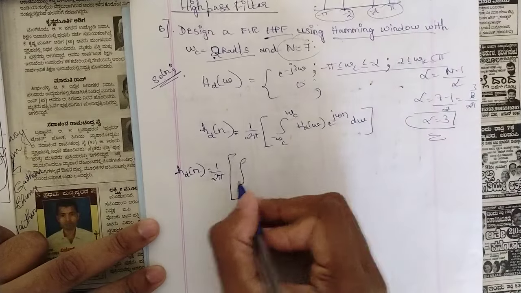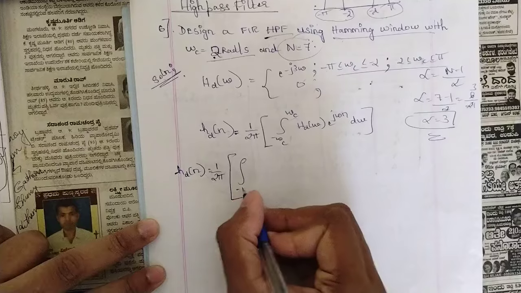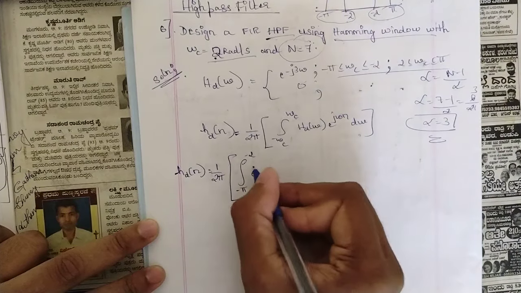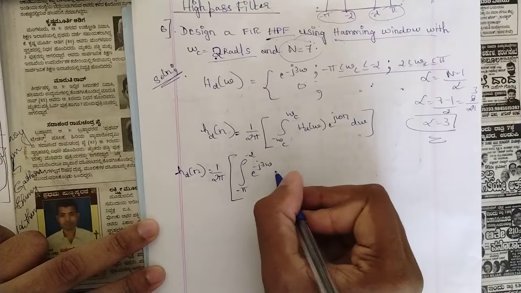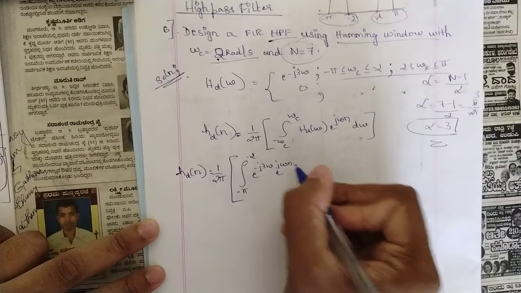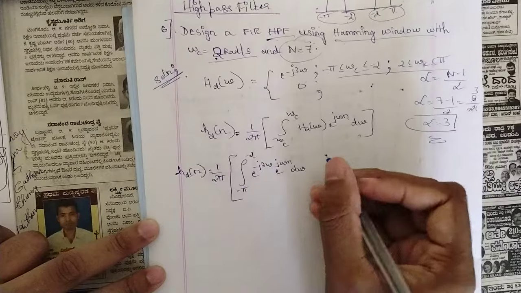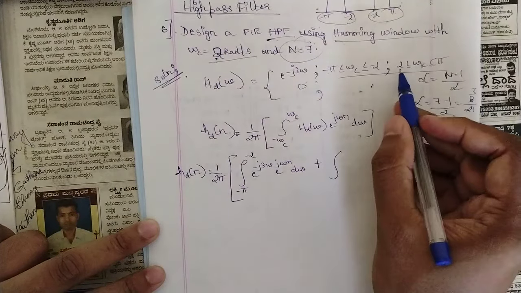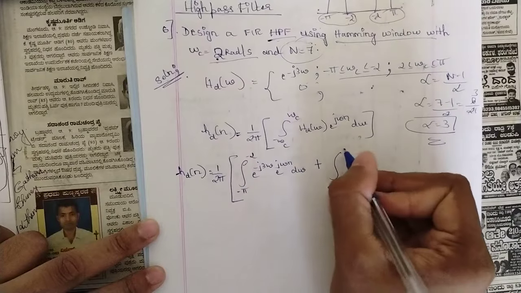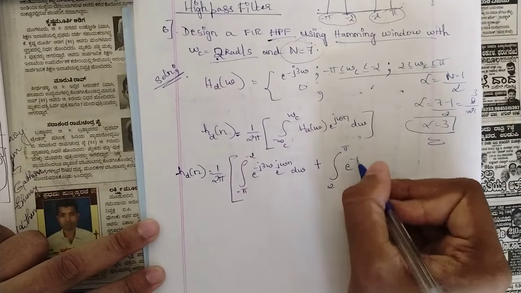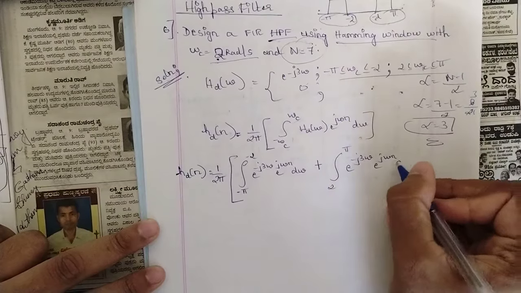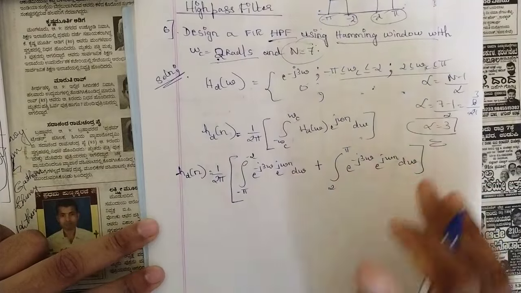One is from minus pi to minus 2, and these terms remain as they are, e power minus j 3 omega e power j omega n d omega. This is one set, plus the second limit from 2 to pi, again e power minus j 3 omega e power j omega n d omega. So like this the whole thing would be.